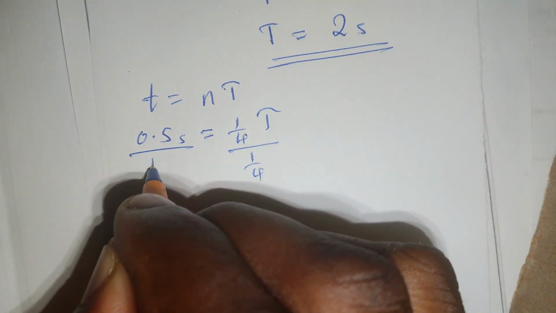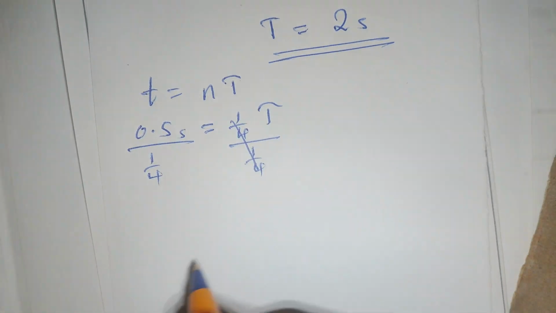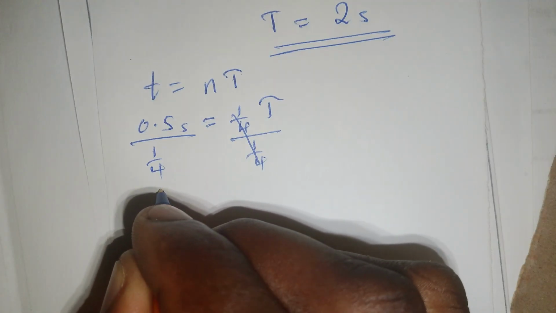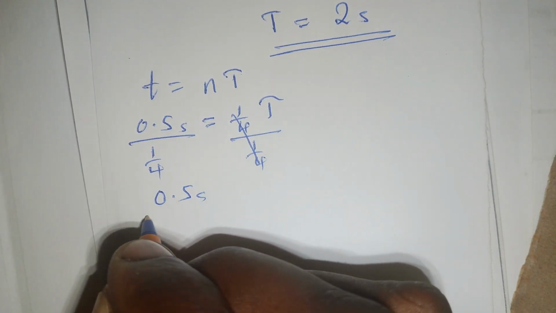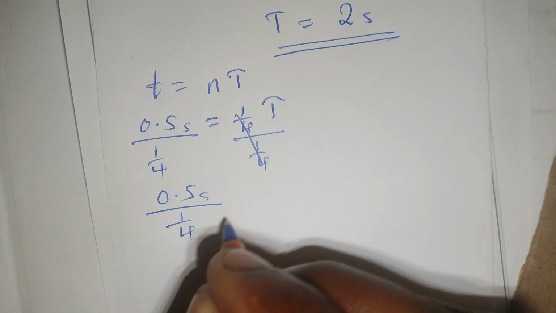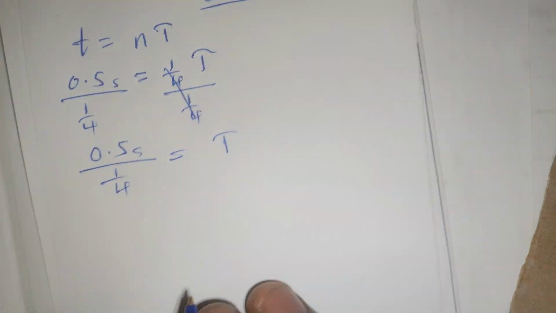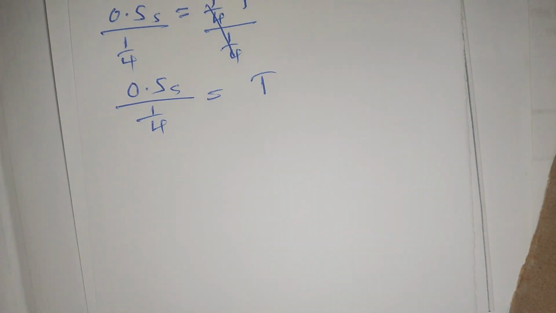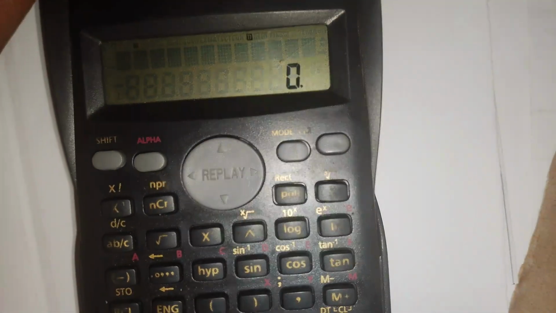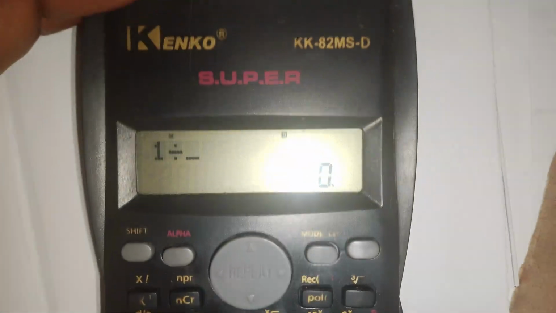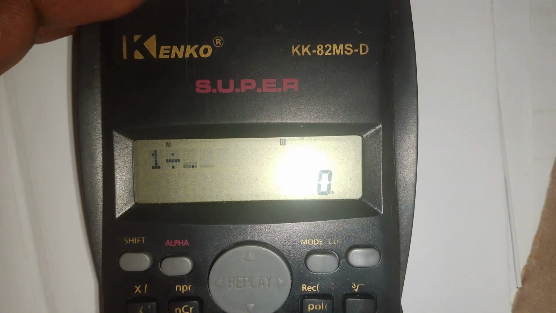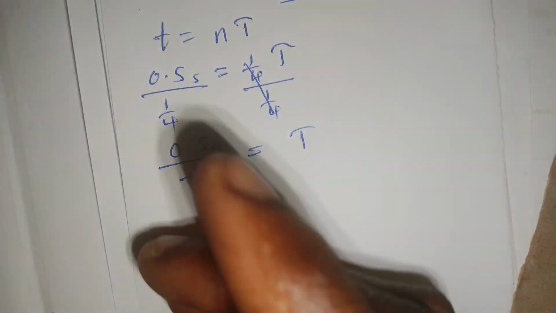You divide both sides by 1/4, so you remain with 0.5 seconds over 1/4, which is equal to period. 1 divided by 4 gives 0.25.